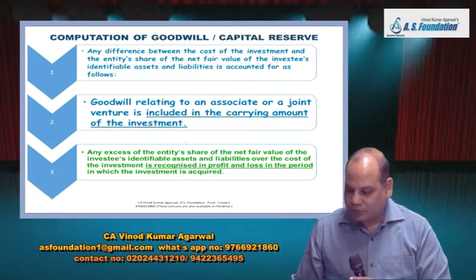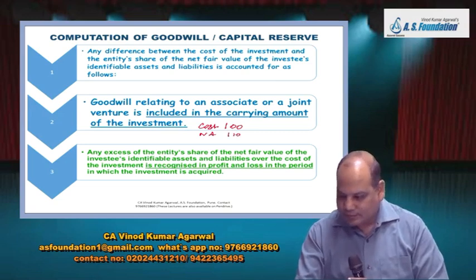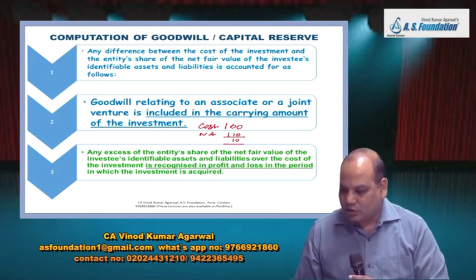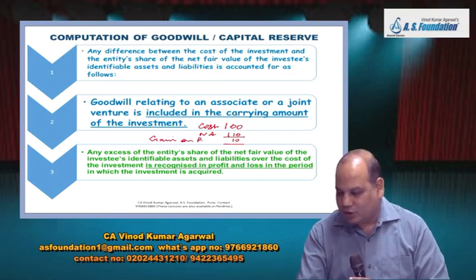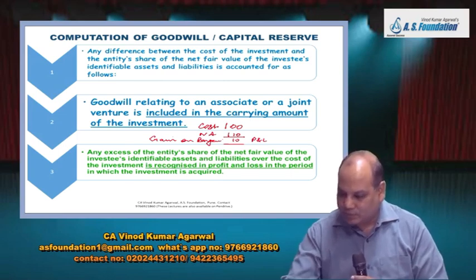But suppose it results in a negative situation: cost is 100, share in net asset 110, so the difference is 10. This is called gain on bargain purchase, gain on acquisition. This will be transferred to profit and loss under this standard, IAS 28. So you will pass an entry like this.